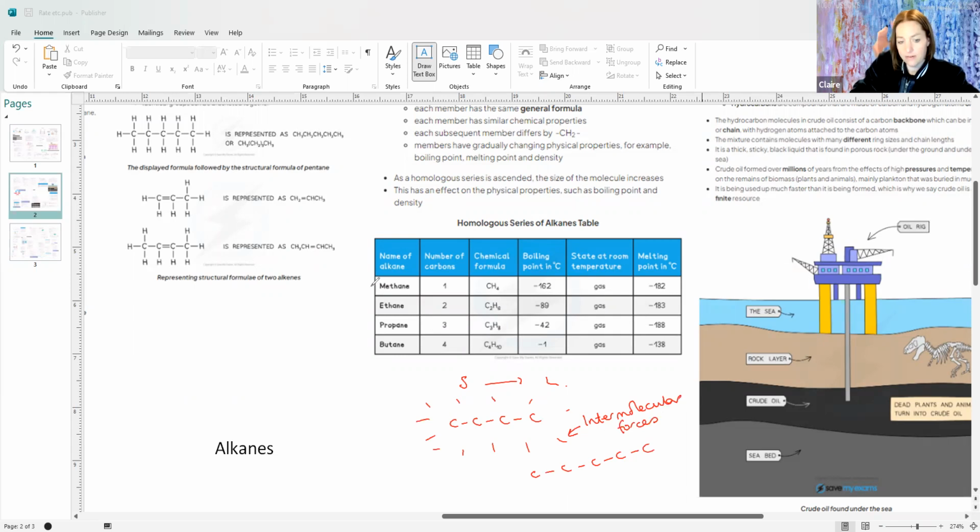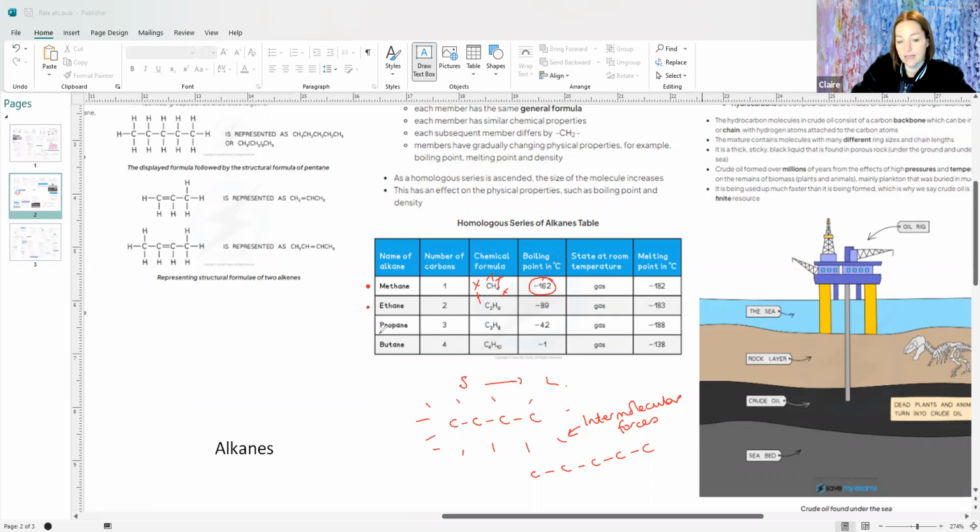When you have very small hydrocarbons, there aren't many intermolecular forces joining and binding it with other hydrocarbons. So the amount of energy needed to break those intermolecular forces is small, hence they have a lower boiling point or melting point. Boiling points and melting points are all to do with how much energy is required to break those intermolecular forces.